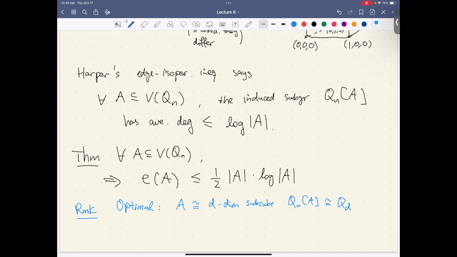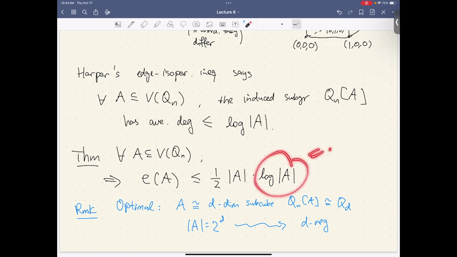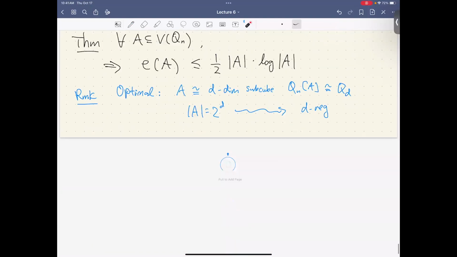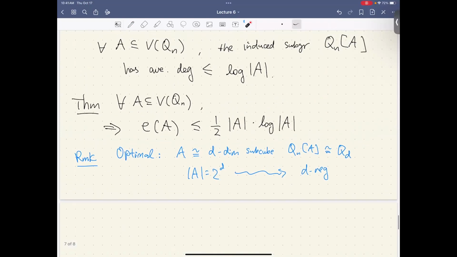Then this graph is d-regular, right? And what's the size of A here? The size of A is 2 to the d, so log2 of |A| is d. Okay. Any questions about the statement? Good. We're going to prove this theorem.